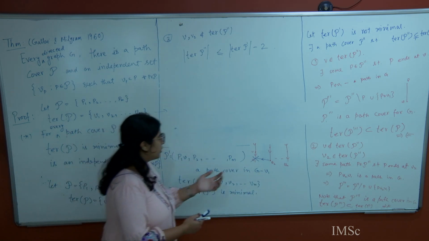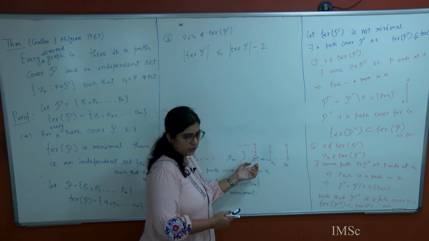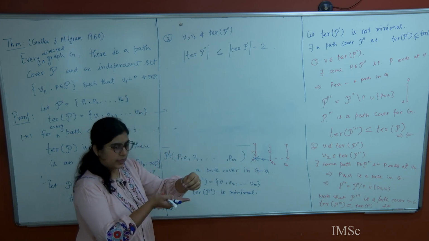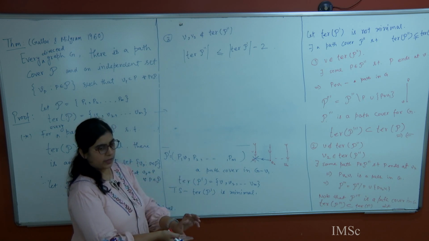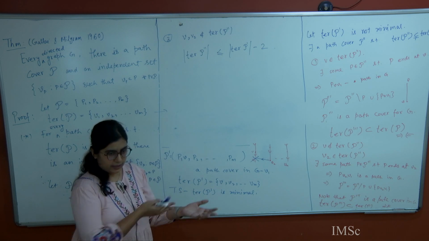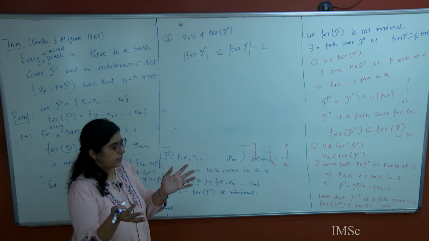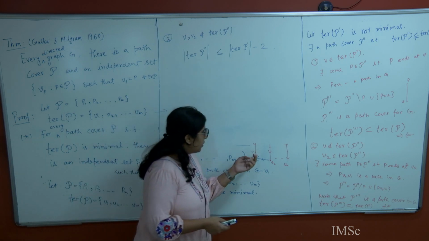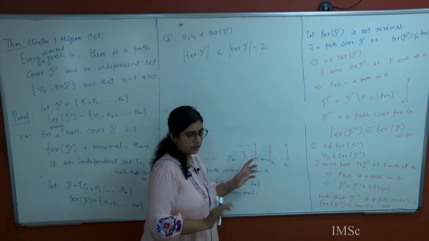That I can do because I know that V V1 is an edge in G. So, I will just extend that path which was ending at V to V1, and this is my new path cover, which has exactly the same cardinality of paths, and its terminal set is the same, except instead of V now we have V1.